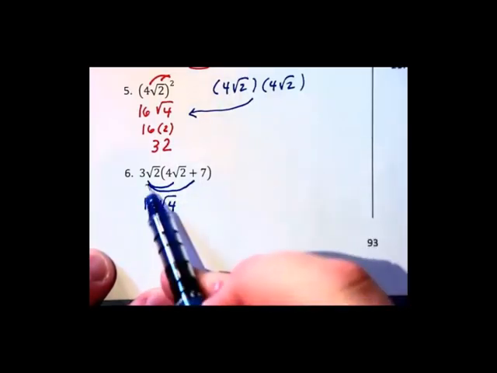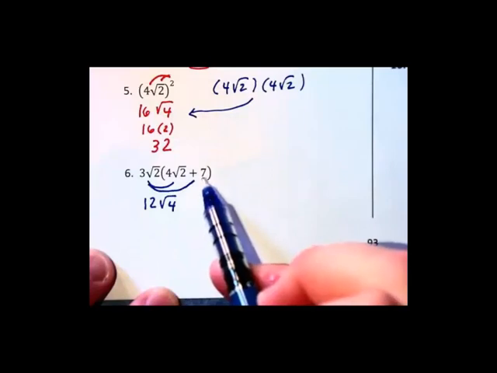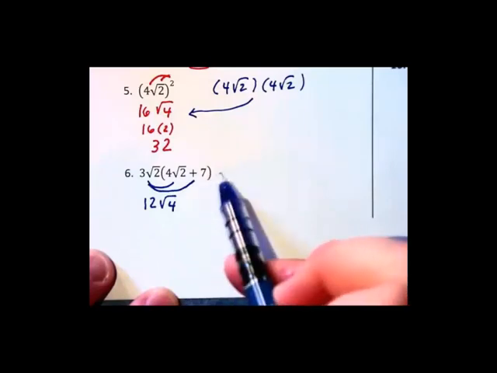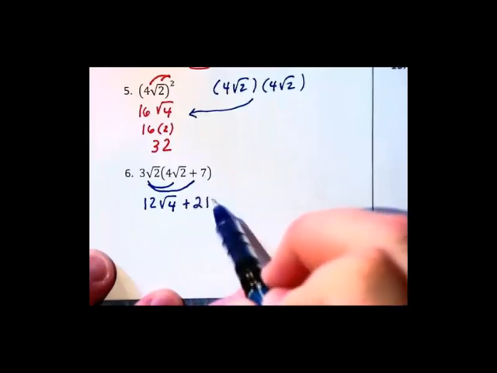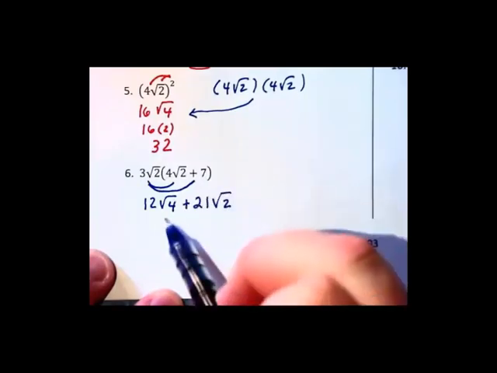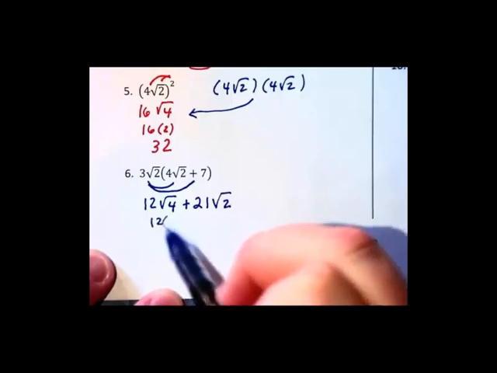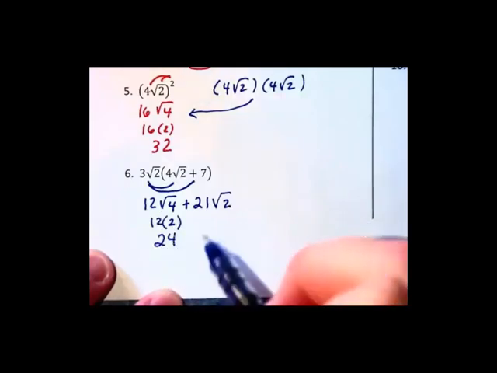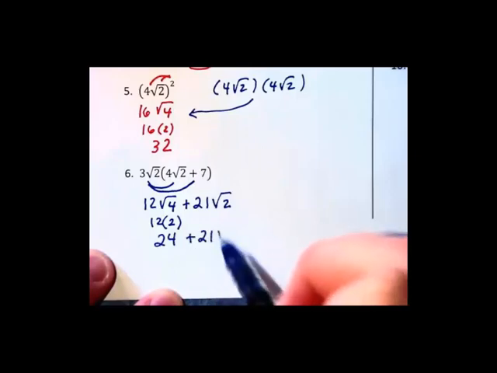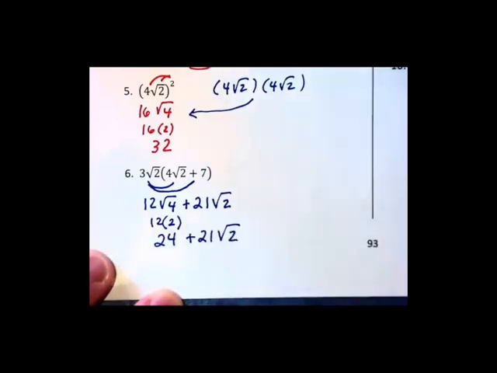And then the 3 root 2 times the 7, that 7 is an outside number with no radical attached. That 7 multiplies by the 3 and gives us 21 root 2. That square root of 4 is a 2, making that a 24. Bring down the 21 root 2, and that is your simplified answer.